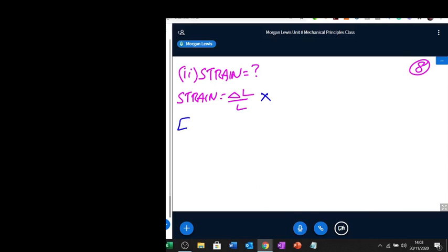So Young's modulus is stress over strain. Now you'd have to rearrange it though. It's worth writing this down if you're struggling with rearranging. First of all, I need to find strain. So I'm going to make things easy and bring the strain up. It's divided by there, so I'm going to multiply both sides by strain to bring it across.